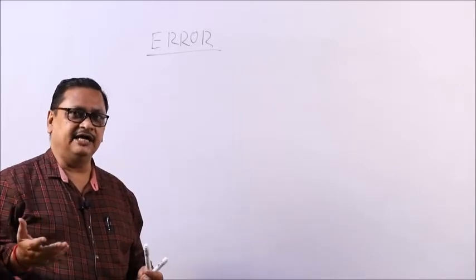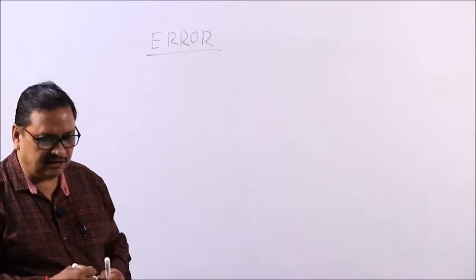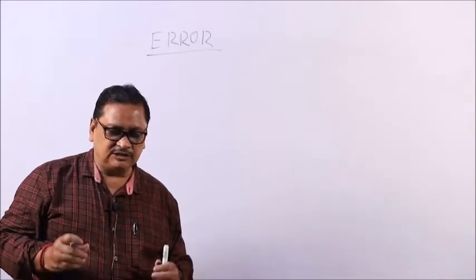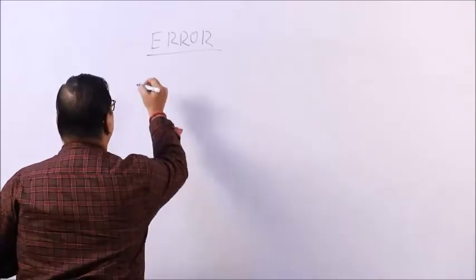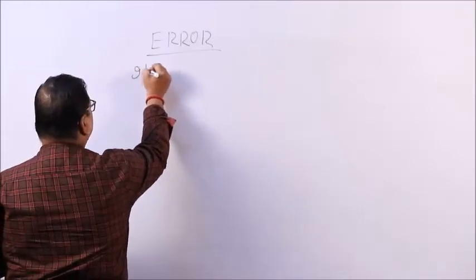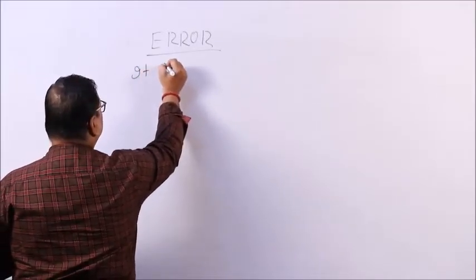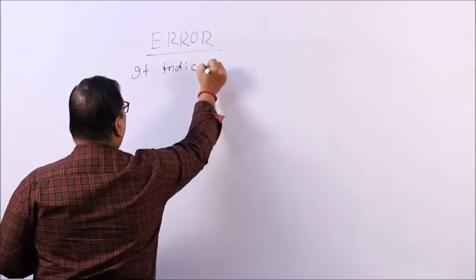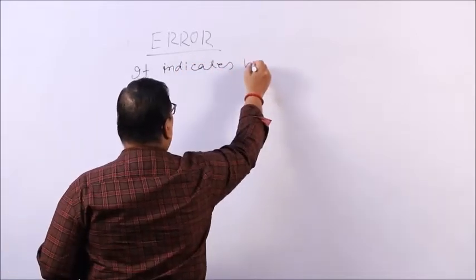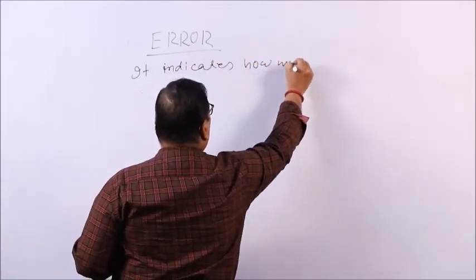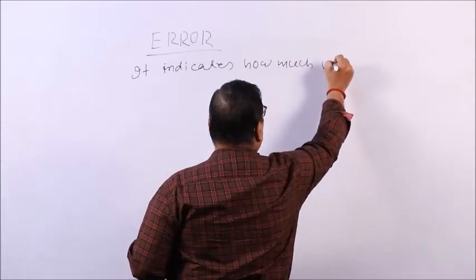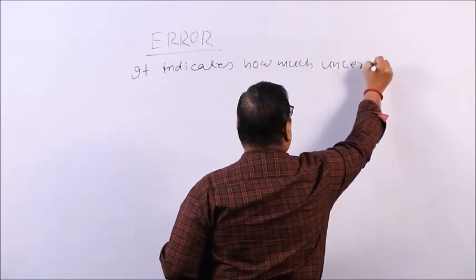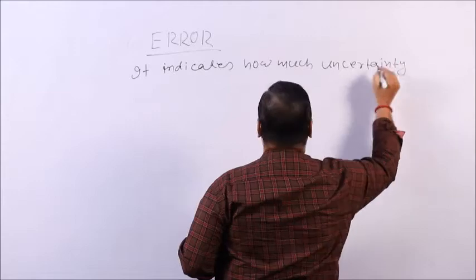So, there is an error in the measurement. So, what is error? This is the definition: it indicates how much uncertainty there is in a measurement.